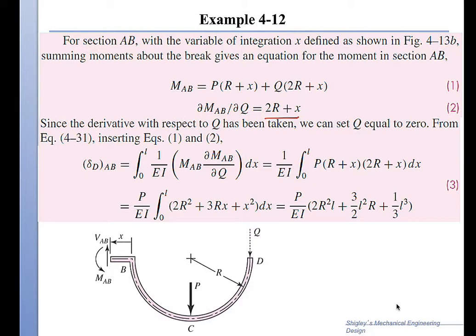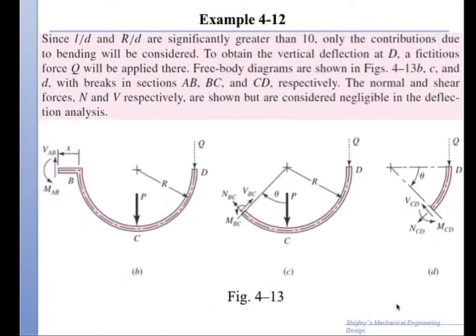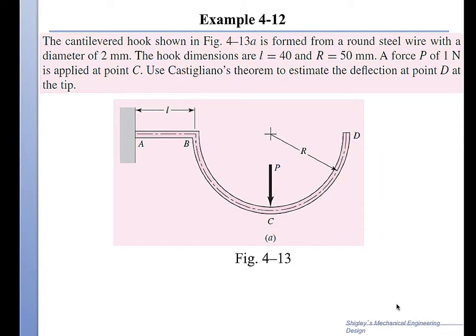And finally I can write the deflection due to AB. So the deflection due to the energy stored in the section AB is, I integrate from 0 to L, and L here is this length because I'm just calculating now the energy stored in this part from 0 to L.